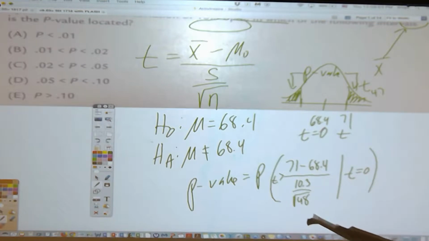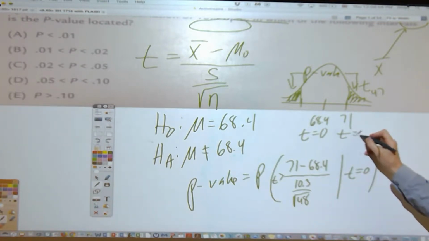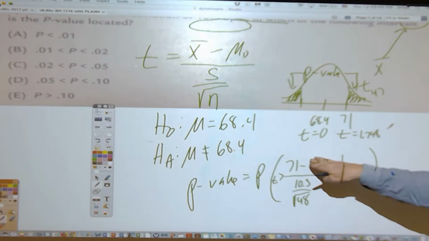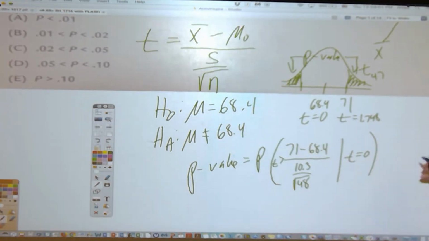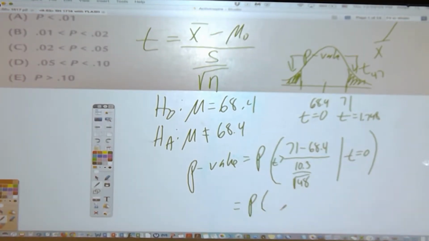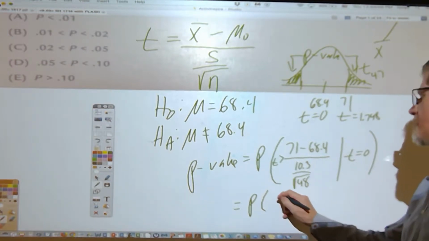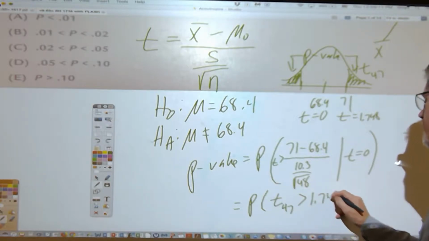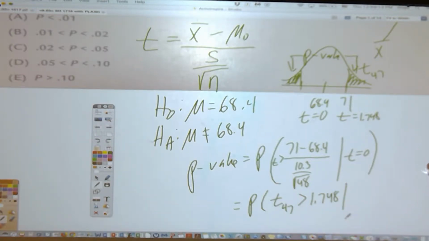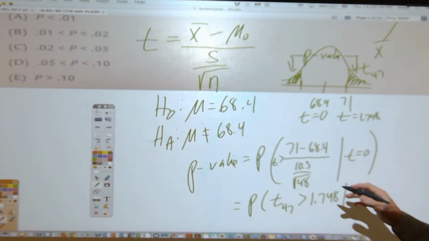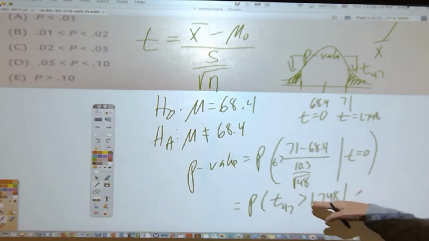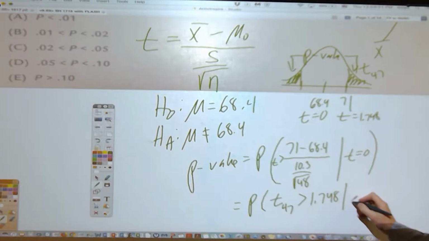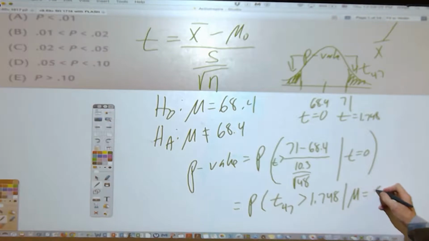If you type this into your calculator, the test statistic comes out to be 1.748. So a slightly less cumbersome representation would be: what's the probability that the test statistic on 47 degrees of freedom is greater than 1.748, given that the true mean is 68.4?